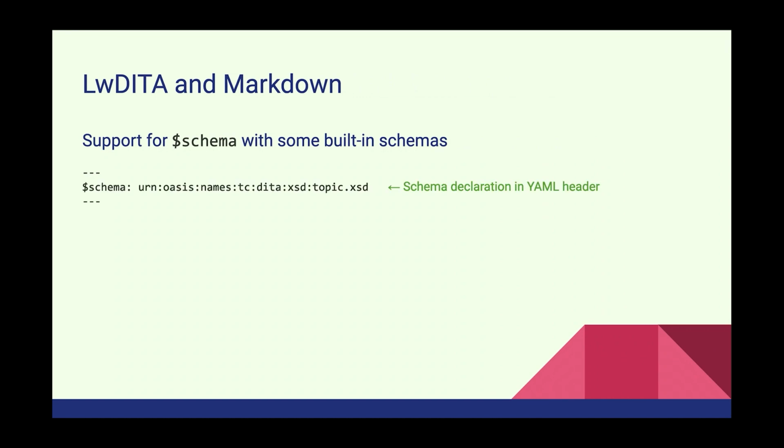So you just specify the schema at the top of the file in what we call the YAML header. They'll be marked down here soon. So you specify it at the top in the YAML metadata. That looks like a reference to an XML schema. It's not. It's not reading anything. It's not using it to validate anything.